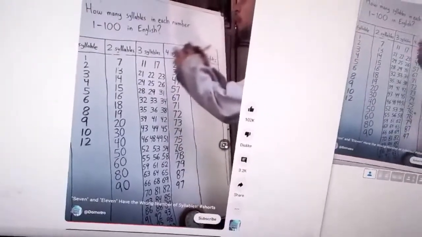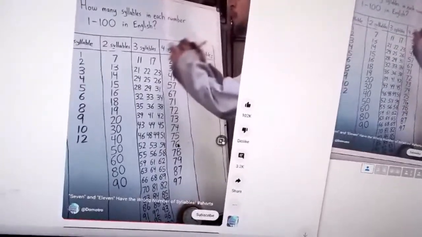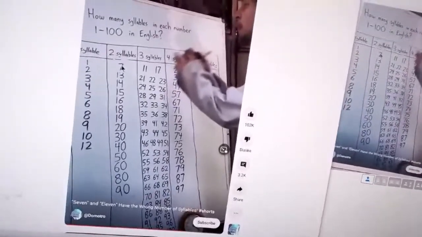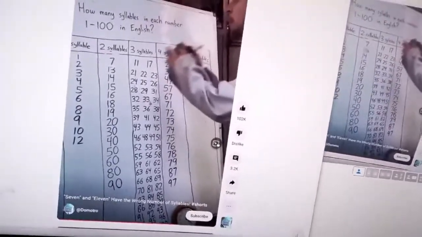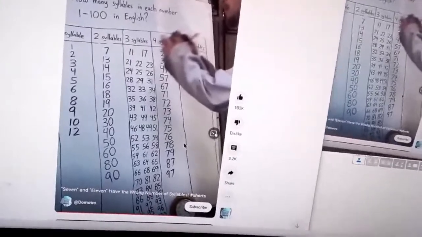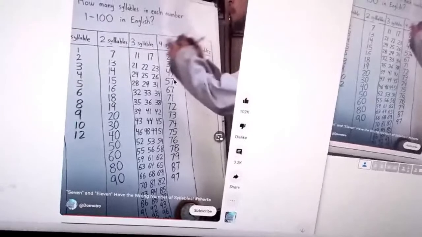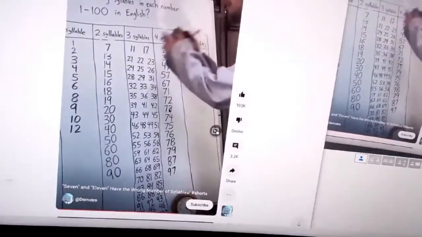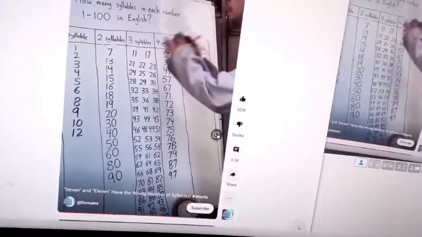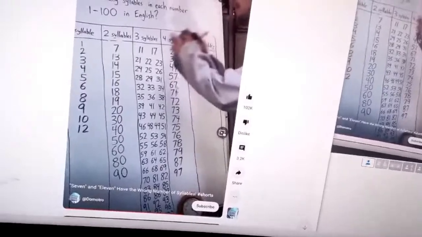So we have 7, 6, which is 4 syllables. 7, T, 6. So 7 has 7 and T and 6. Now it becomes 3 syllables and 1 syllable. So that 5 over here, 1 syllable, with 7, that is 3 syllables. So you get 2, 7, 3, 7, 4, 7, 7, 7, and 7 all the way through. So 7T is 3 syllables, and everything else in here is 1 syllable.